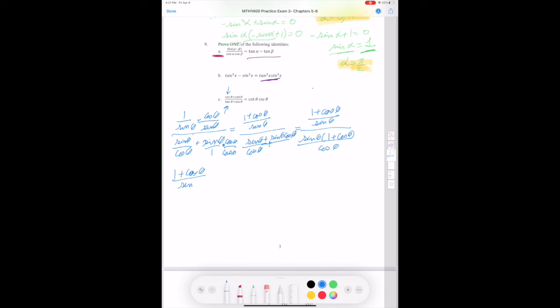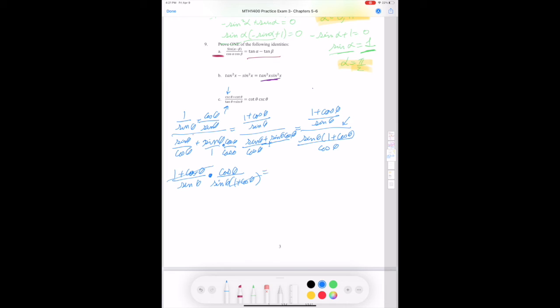I change from division to multiplication, and I flip the second fraction. My 1 plus cosine thetas cancel.